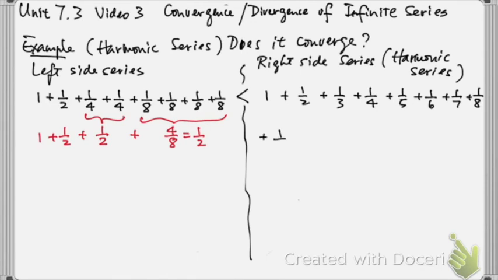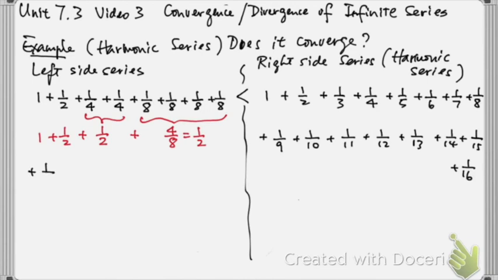Now I have 1/9 plus 1/10 plus 1/11 plus 1/12 plus 1/13 plus 1/14 plus 1/15 plus 1/16. I have 8 terms, and I'm going to do the same trick like I did earlier.